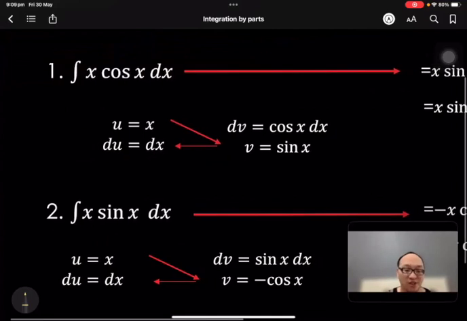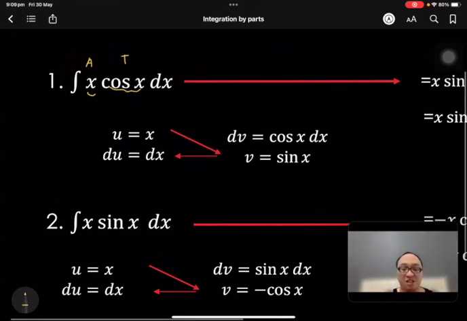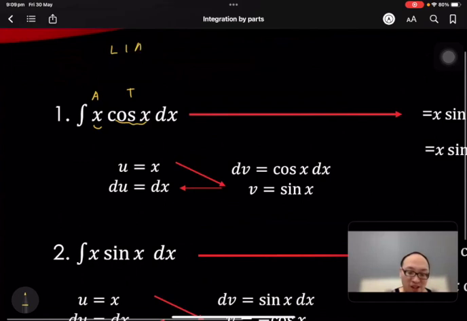The first one, integral of x cos x dx. In this case, we have x as algebra and cos x as trigonometry. According to the rule LIATE, algebra comes before trigonometry. So we can use A as u and the rest as dv.